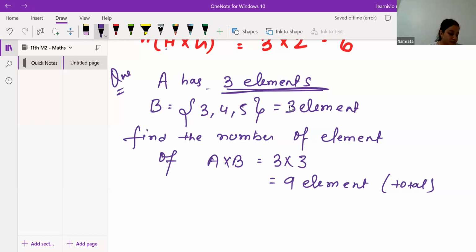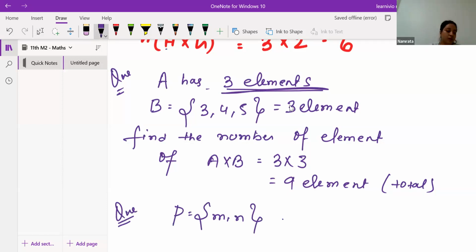Similarly, suppose there is a question where P is equal to the set {M, N} and Q is the set {N, M}.